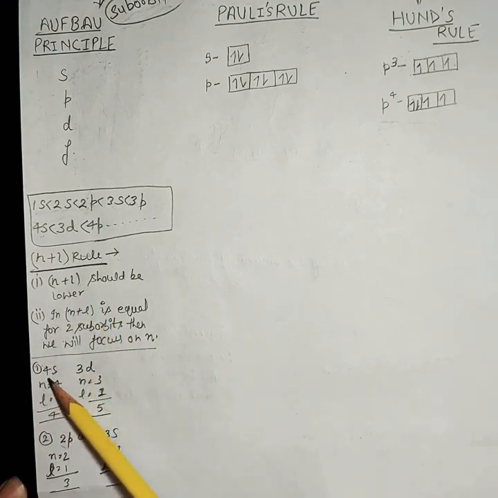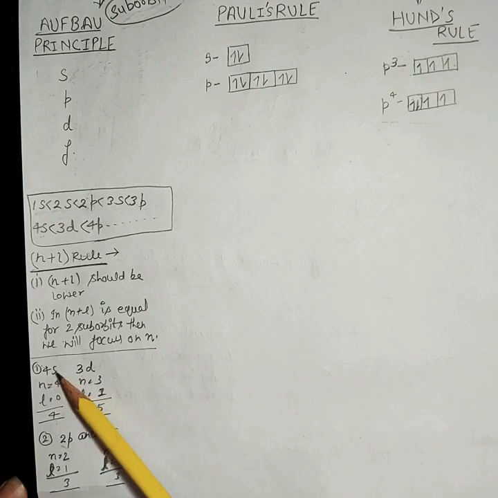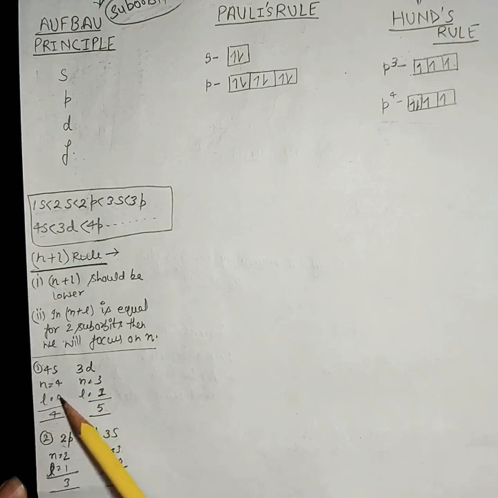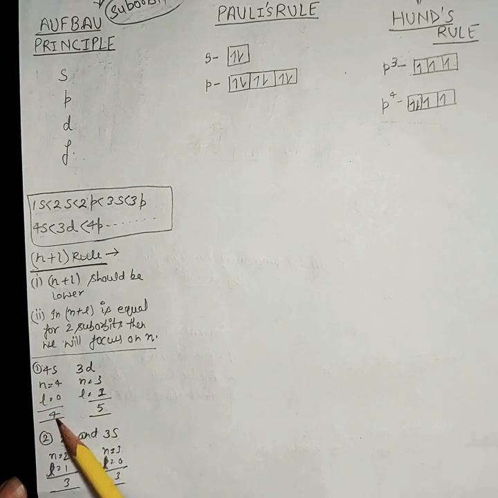For example, if we compare 4s and 3d. In 4s, n equals 4, and for s, as we know, l equals 0. So for 4s, n plus l will be 4. For 3d, n equals 3, and for d, l equals 2.